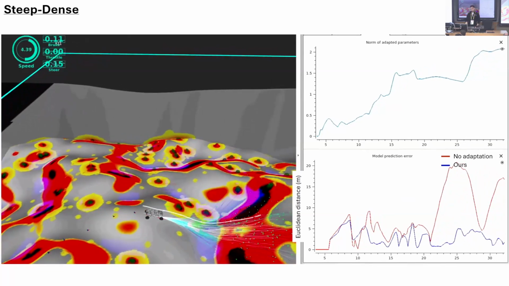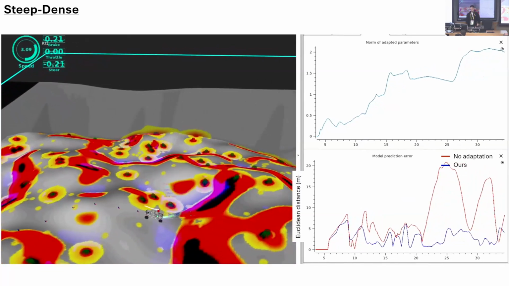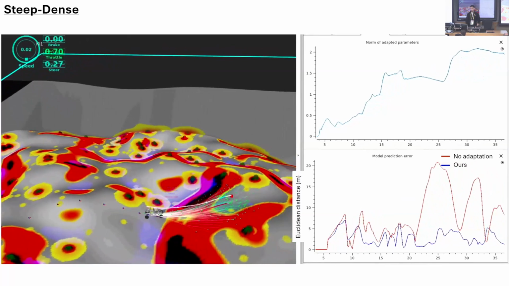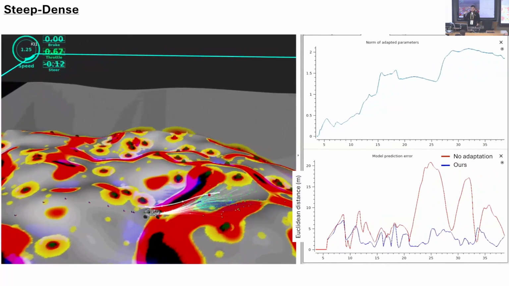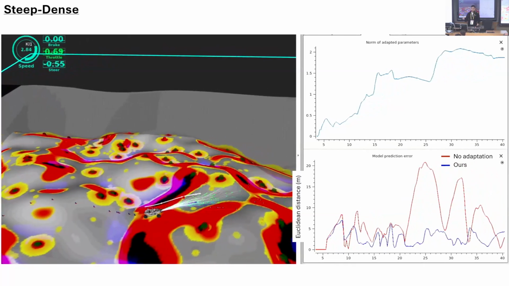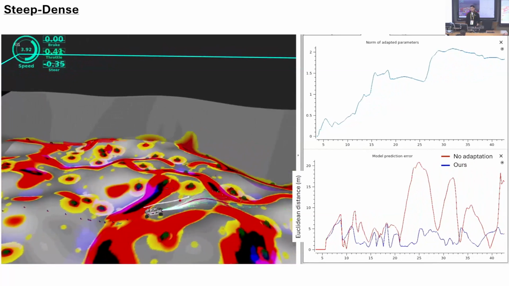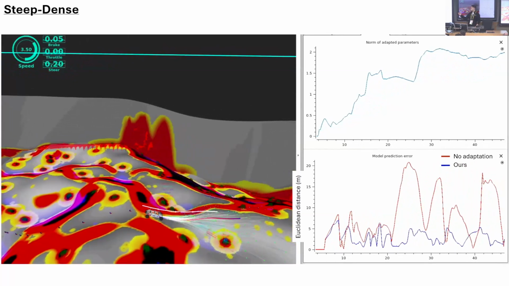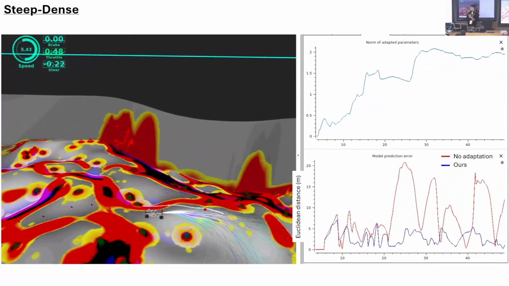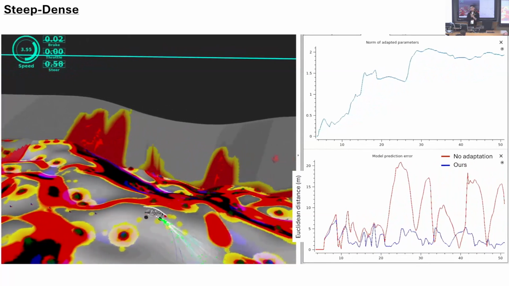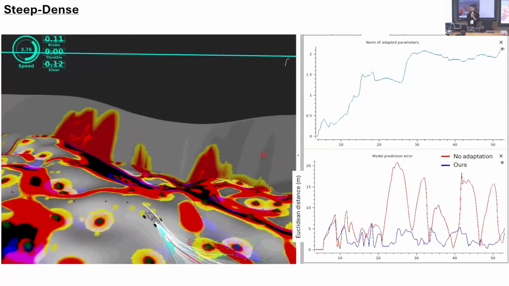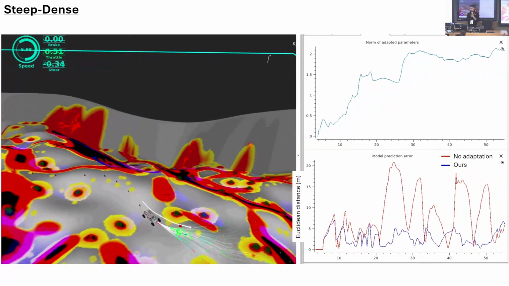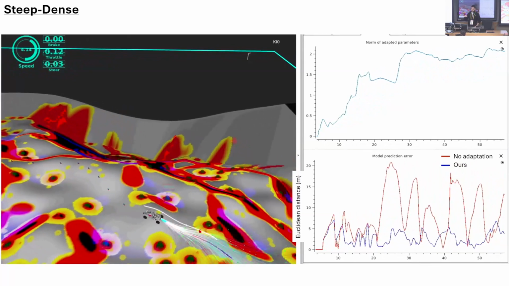The bottom right graph is the model prediction error, looking at the last 5 seconds, comparing where I am versus where I predicted I would be. The blue curve is with the online adaptation. At the beginning of the graph the red and the blue track each other because there's no adaptation happening. Then as the model adapts, it corrects itself, and the blue curve is a lot below the red curve.